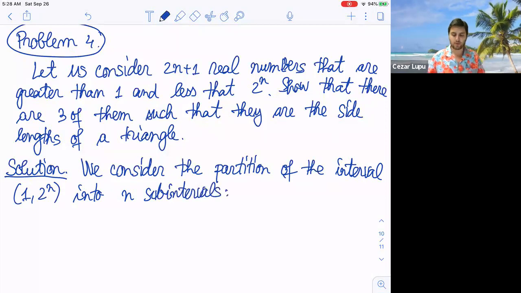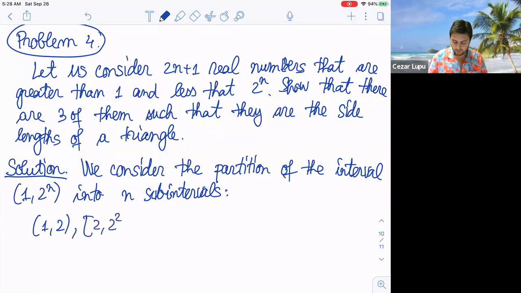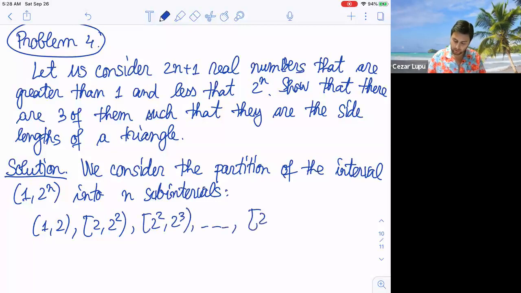So that's the partition we'll consider. Now let's see: 1, 2, then 2, 2 squared, then 2 squared, 2 cubed, and we keep going. The last one will be 2 to the n minus 1 and 2 to the n.